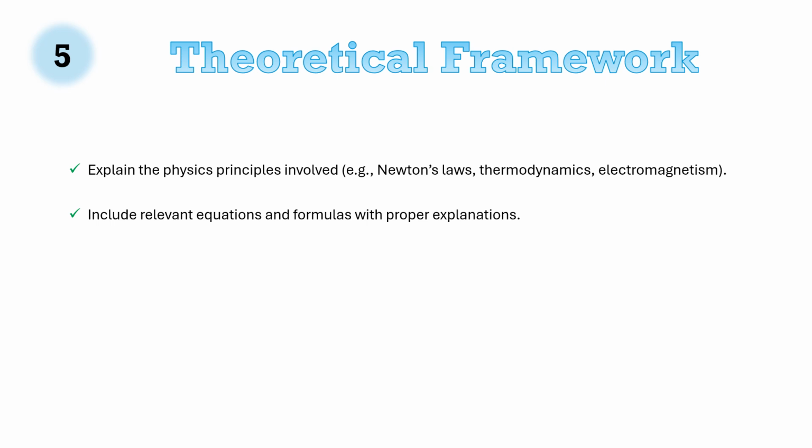Along with that, try to include some necessary terms that are useful for the given case study. If you are using pre-existing theories, then cite the sources, and the citations you need to describe in the reference section. That will be the last part of the case study.